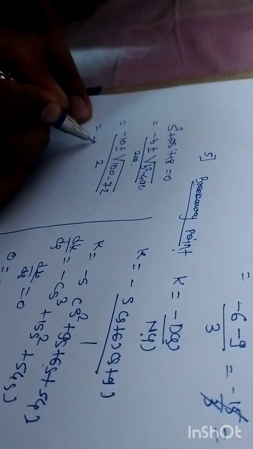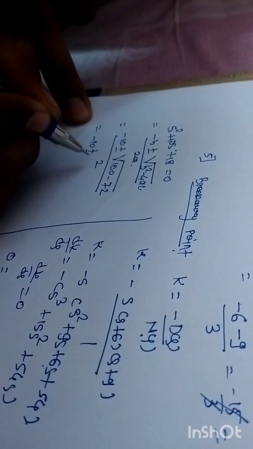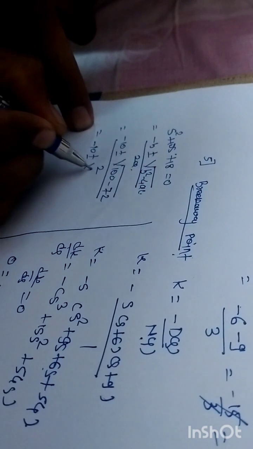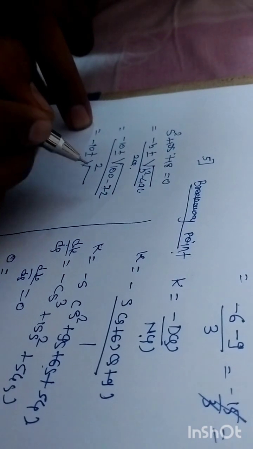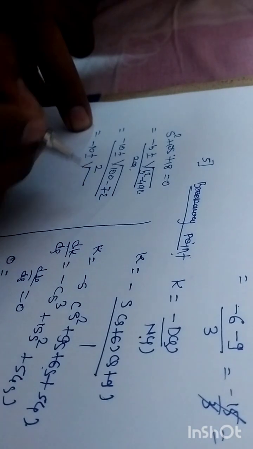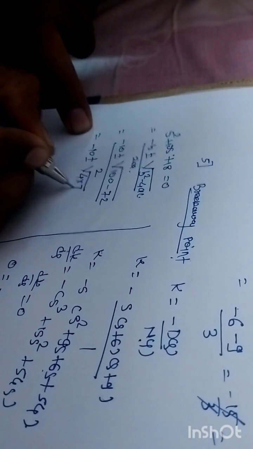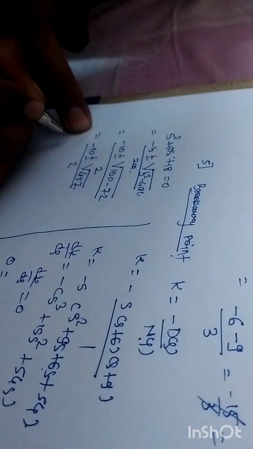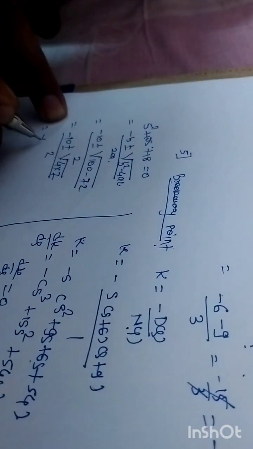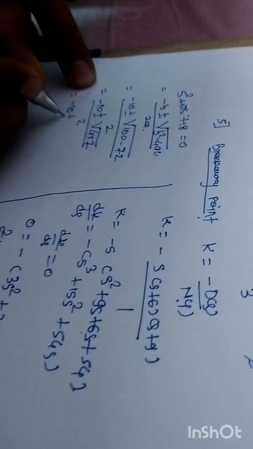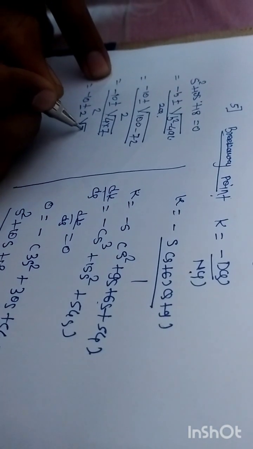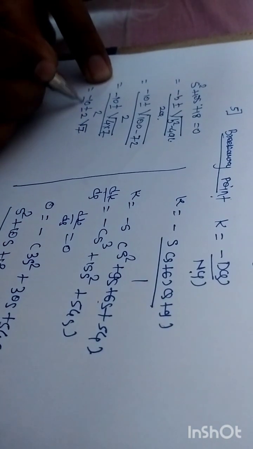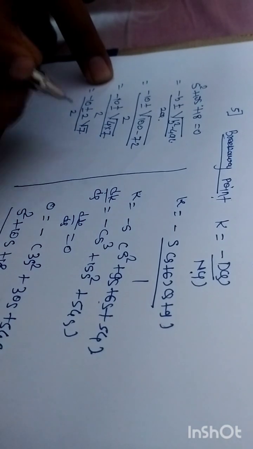That can be rewritten as minus 10 plus minus square root of 28, and 7 fours are 28, so 4 into 7 divided by 2. That can be rearranged as minus 10 plus minus 2 into square root of 7, divided by 2, right?